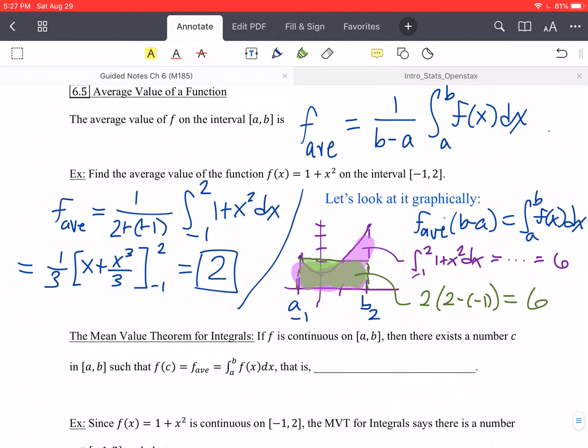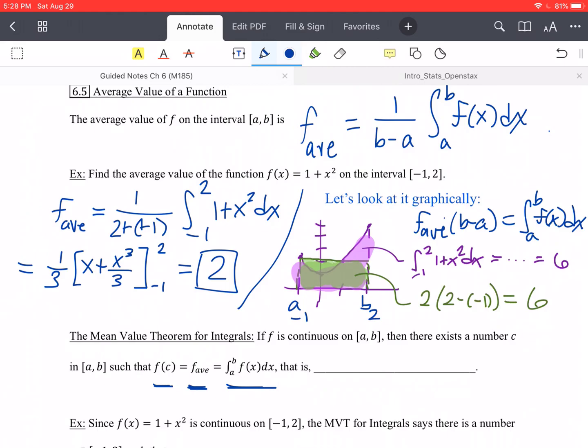So we saw back in Calc 1, we have the mean value theorem, and that applies to a derivative. We have f prime of c. Now, the mean value theorem for integrals tells us something similar, but of course applying to integration. So it says, if f is continuous on [a, b], then there exists a number c on that interval such that f of c equals the average value of f, which equals the integral from a to b of f of x dx.